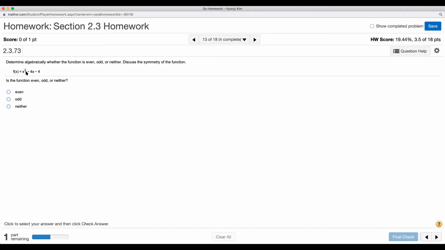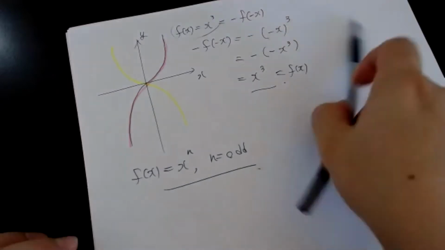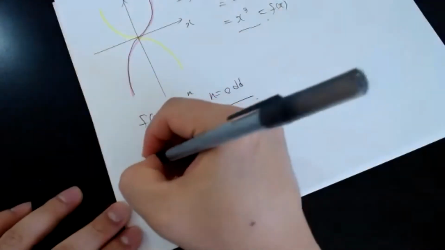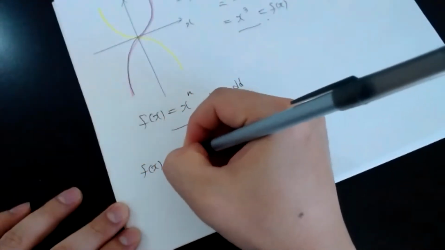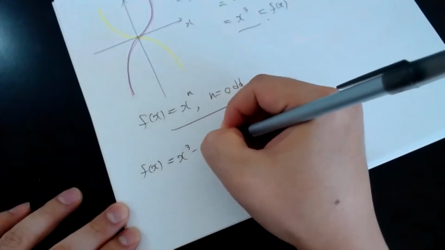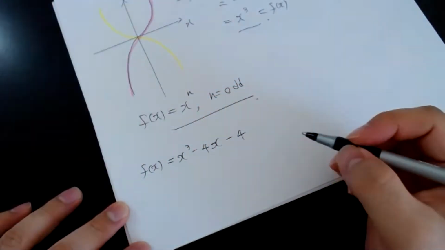So x cubed is an odd function, and negative 4 times x is still an odd function. What about negative 4, the constant term? Every single constant term is what? Even function. How come? Because f of x is equal to x cubed minus 4x minus 4.